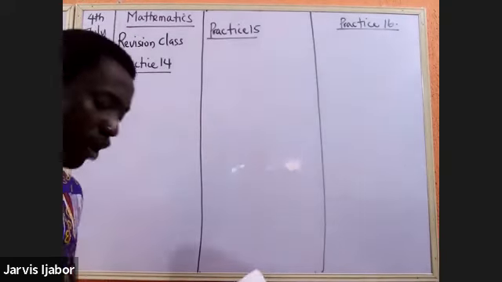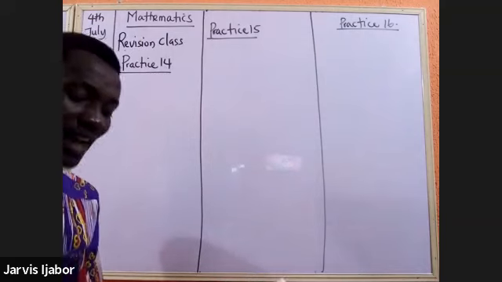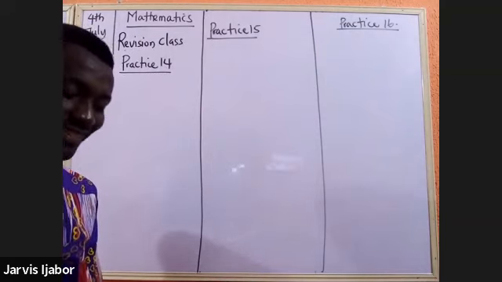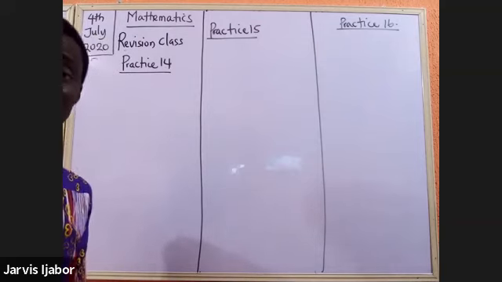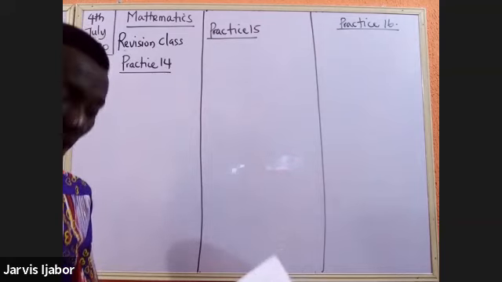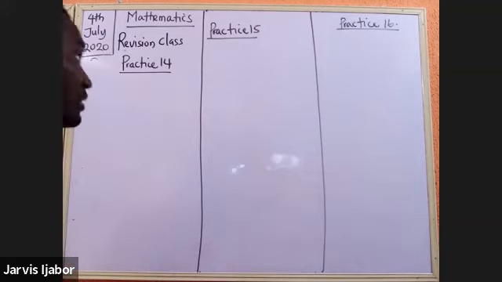The area of a floor, 3 meters square. That is 3 by 3. That's what your teacher said it is. That is the area.